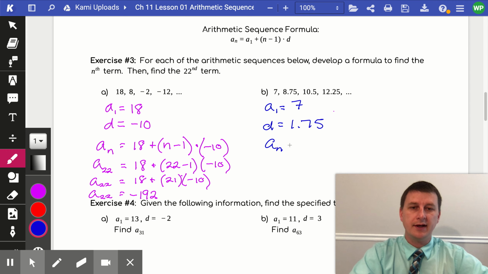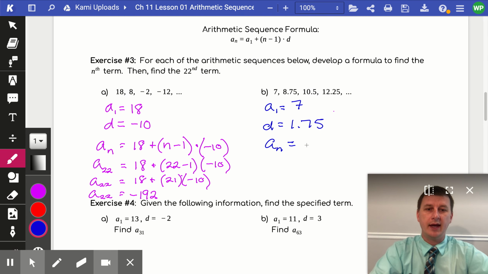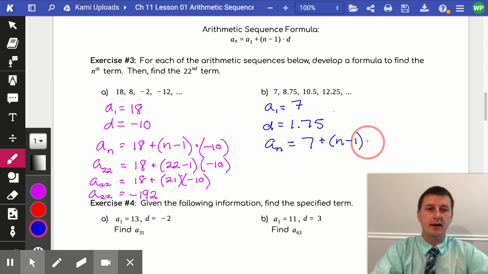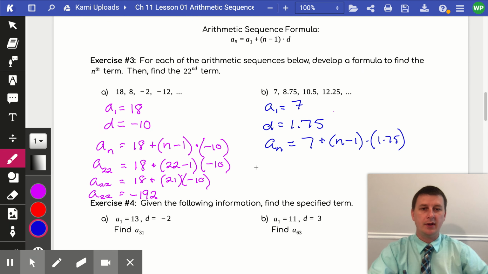So now, to find our nth term, we're going to use this formula up here. Everywhere we see an n is going to stay an n for now. And we're going to have a sub 1, which we know is 7 now, plus n minus 1 times our difference of 1.75. Okay, now we're finding the 22nd term.